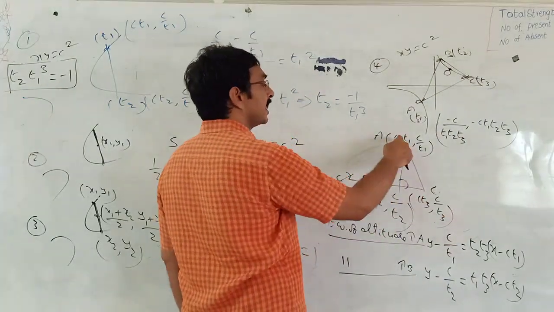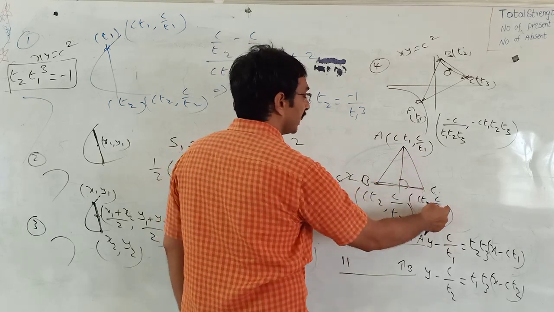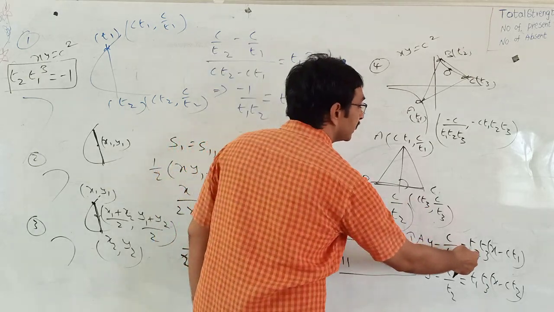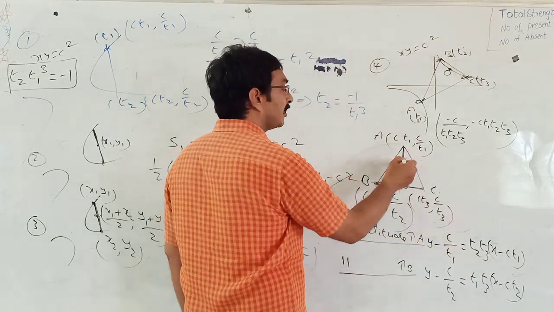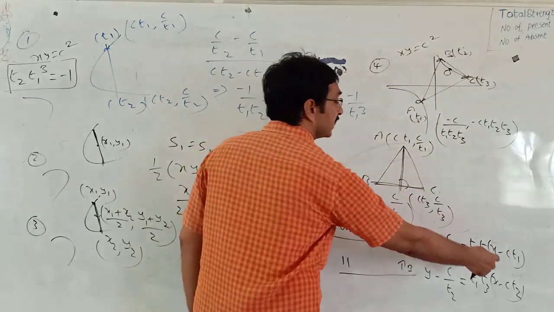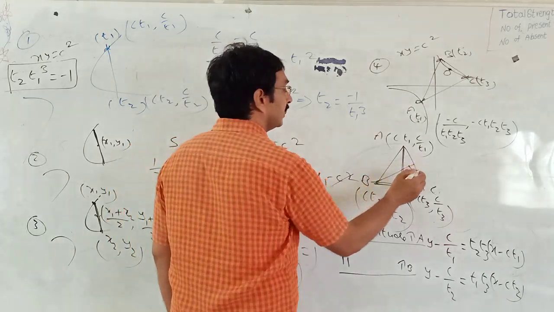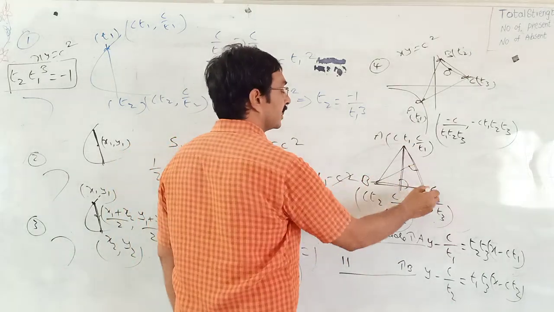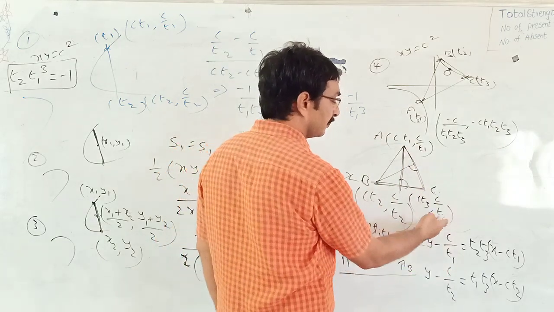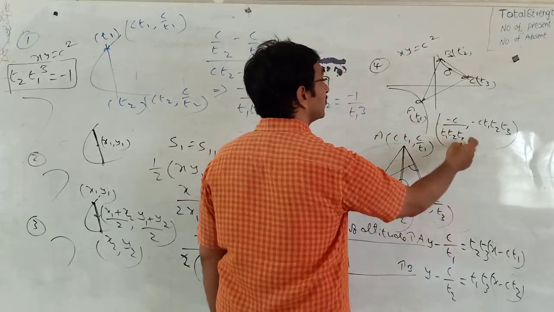The altitude through A passes through the point, perpendicular to this one. Slope of this one by using the formula y2 minus y1 by x2 minus x1 is T2 into T3. Therefore the formula for this line is y minus y1 equal to m into x minus x1. Similarly, the equation of the altitude through B passing through this point perpendicular to this one. By solving these two, just by subtracting, first we get the x coordinate, that is minus c by T1 T2 T3.